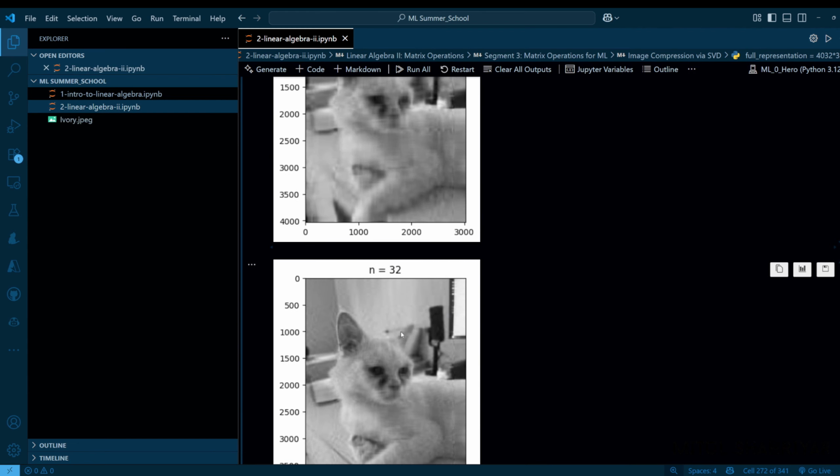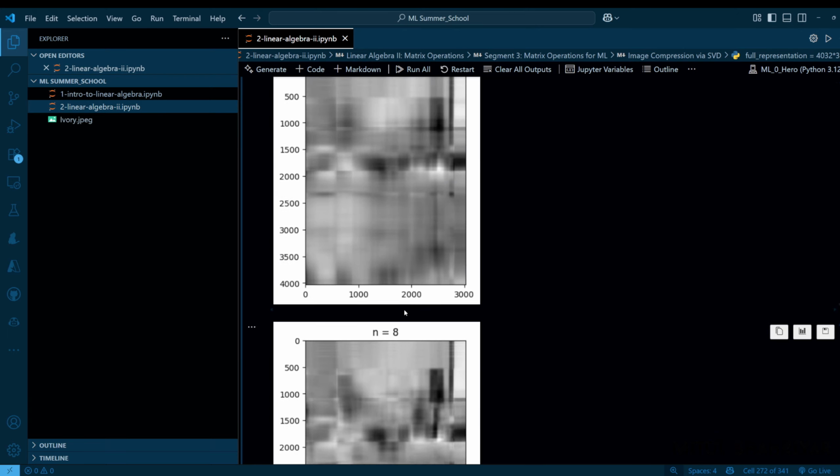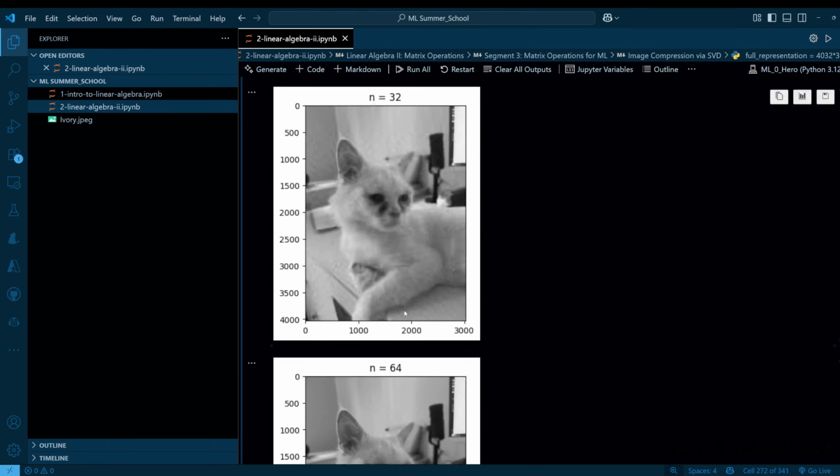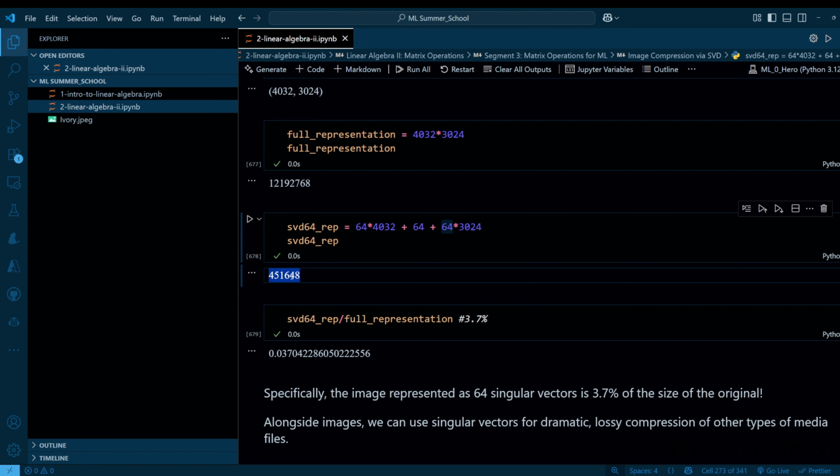Otherwise, if we would not have used this, we would have to use this many data points. But right now we just use this many data points, which is very much less than this value. So that is the beauty of using SVD.